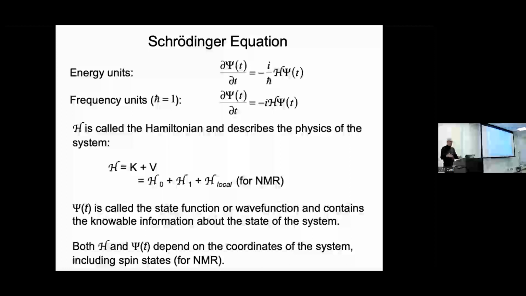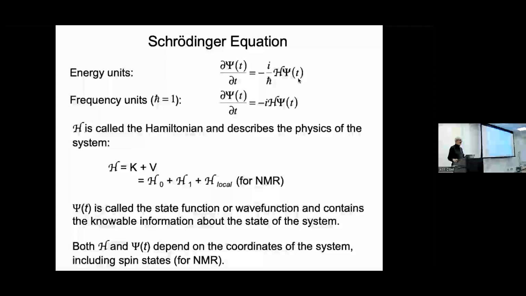But here is the Schrodinger equation, the starting point for quantum mechanics in energy units. But most of the time, we don't want to think about energy units. We want to think about frequencies.